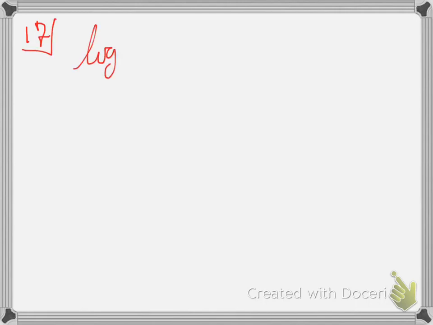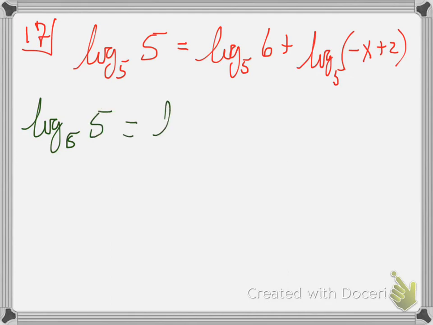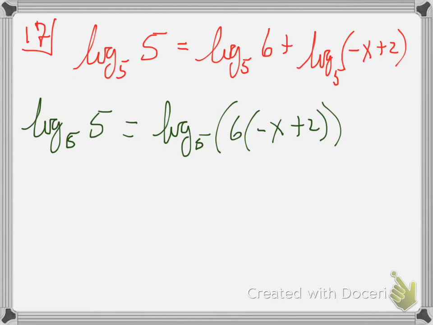We have the log base 5 of 5 equals the log base 5 of 6 plus the log base 5 of negative x plus 2. Now, again, we're going to look at this right-hand side and look at writing that as a single logarithm. Log base 5 of 6 times negative x plus 2.